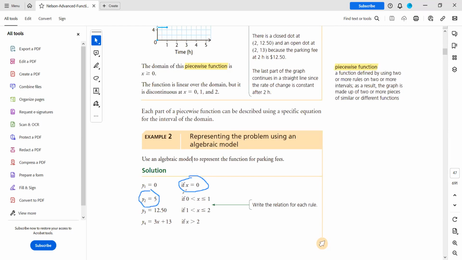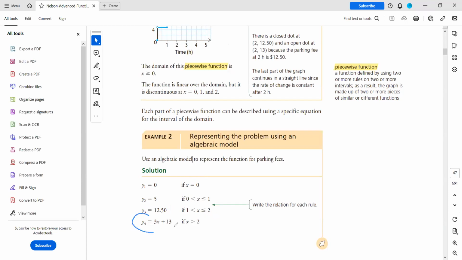If price is $5, it means x, or number of hours, is from 0 to 1 hour. Remember, that's what it says in the description, that from 0 to 1 hour, we have a flat fee of $5. Now, next interval, y equals 12.5 when x is in an interval between 1 and 2.